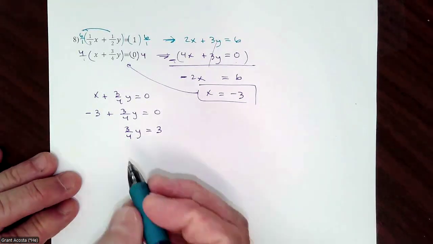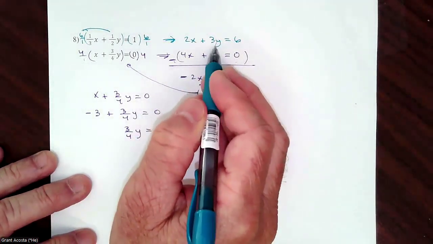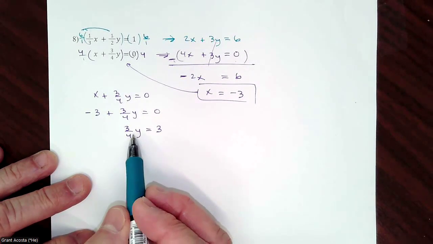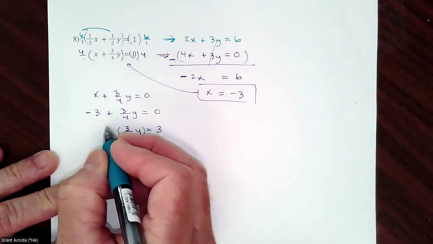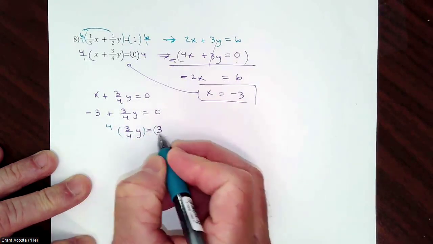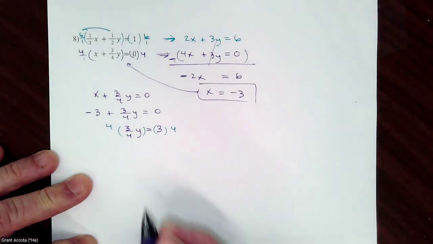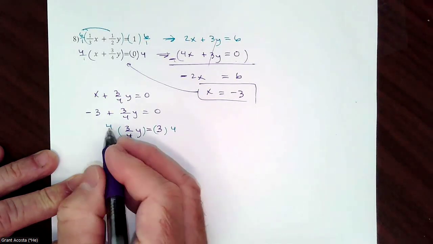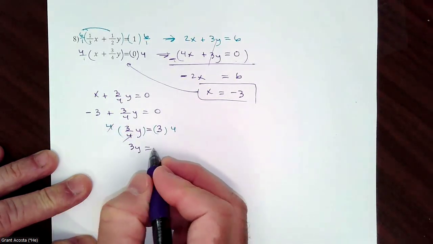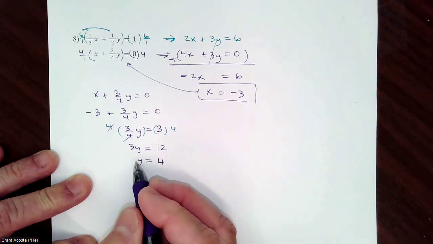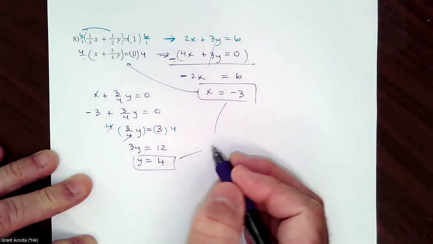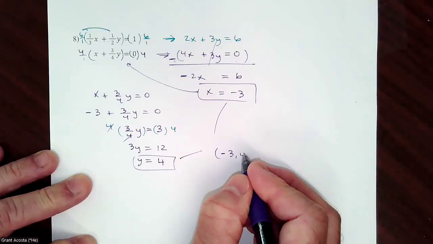Oh, I could have probably plugged it into one of these, it would have been easier, huh? But I didn't. That's okay. I could multiply both sides by 4 to get rid of the 4. Just 4 times 3/4, so you can cross cancel. 3y equals 12. So y would be 4. Negative 3, 4.